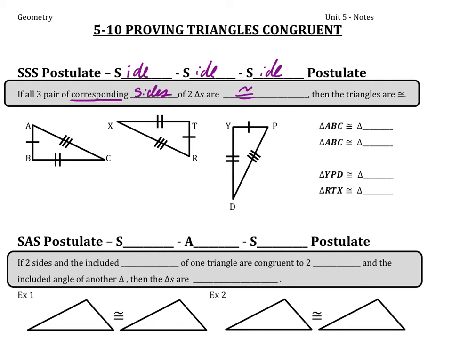And when we write these congruency statements, our corresponding parts need to align. So if I'm talking about triangle ABC, and I want to say it's congruent to another triangle, I need to pay attention to how I'm moving around the triangle. So I go from A to B, so across the single ticked side towards the dual tick side, and then B to C, so across the dual tick side, and then back across that triple tick.